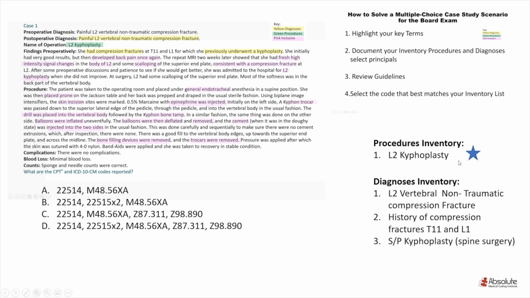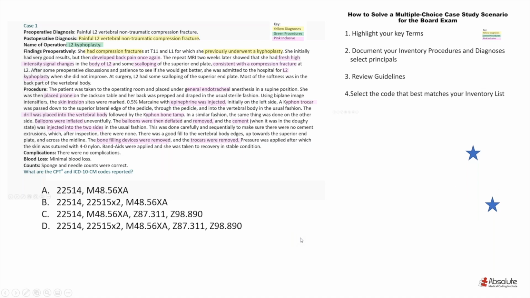Okay, so our primary procedure will be L2 kyphoplasty. Our primary diagnosis will be L2 vertebral non-traumatic compression fracture, if you all agree. But I also want to show you something. Why did I indicate that this patient had a history of compression fracture and status post kyphoplasty?